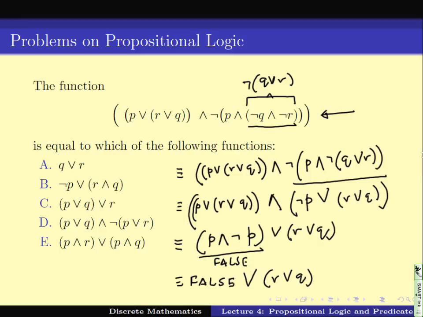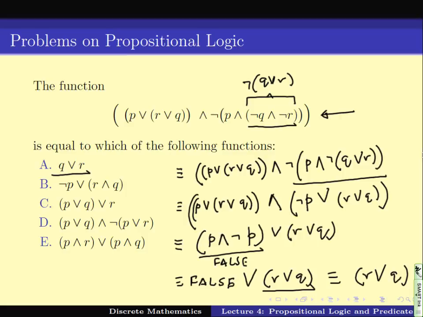Now, false or anything is the same as that object. False or true is true, and false or false is false. So this is nothing but R or Q, and R or Q is nothing but Q or R by the commutative law.